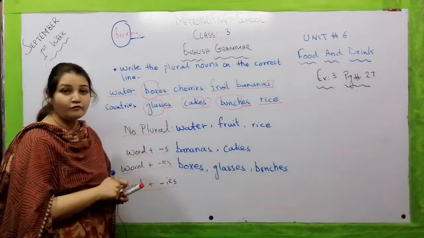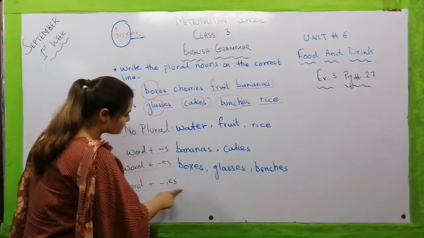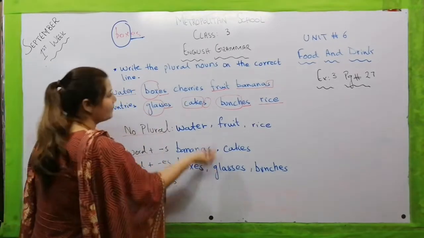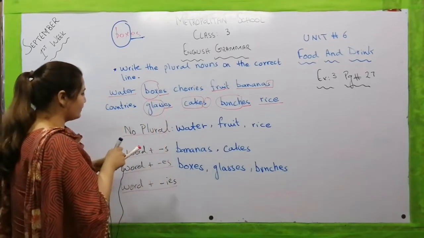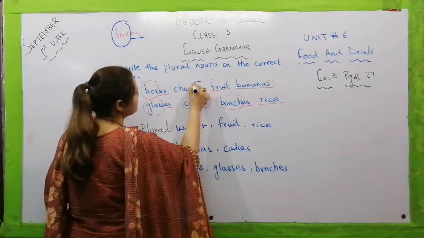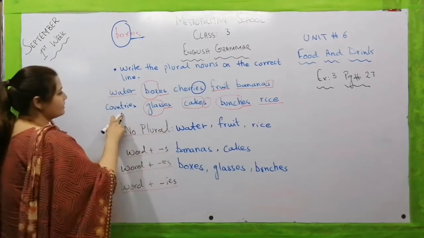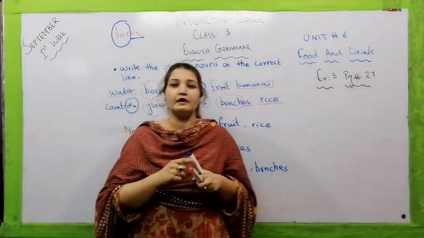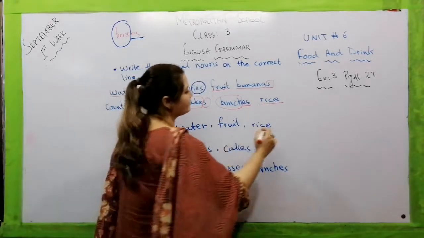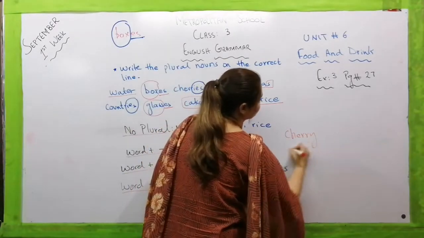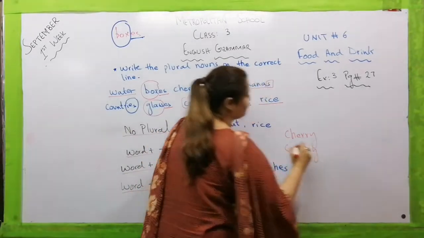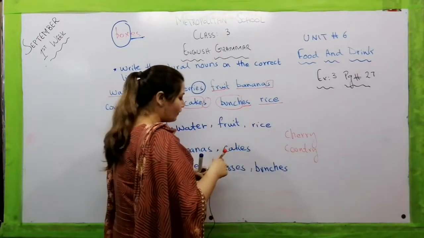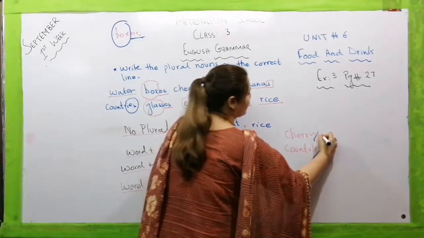Now only one group is left, which is the IES group. So the remaining ones will definitely be put in this group, but we will mark the spellings first to make it easier. Cherries, as you can see, IES is here, and in countries, IES is here. Whenever a singular ends with Y, for example cherry or country, and we have to make it plural, we skip this Y, and what do we have to add?